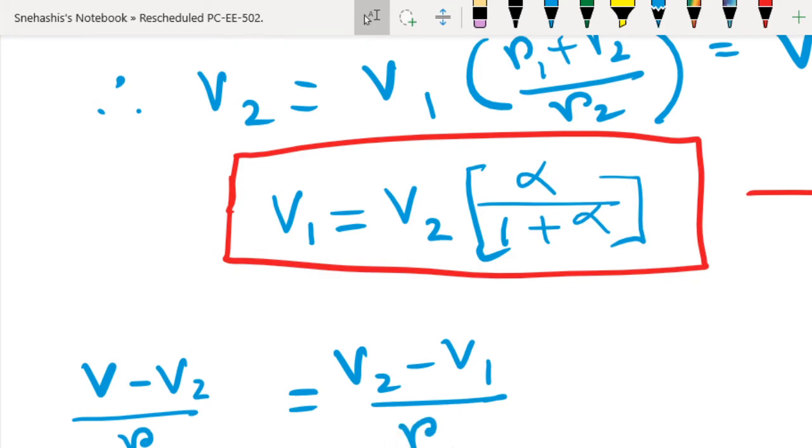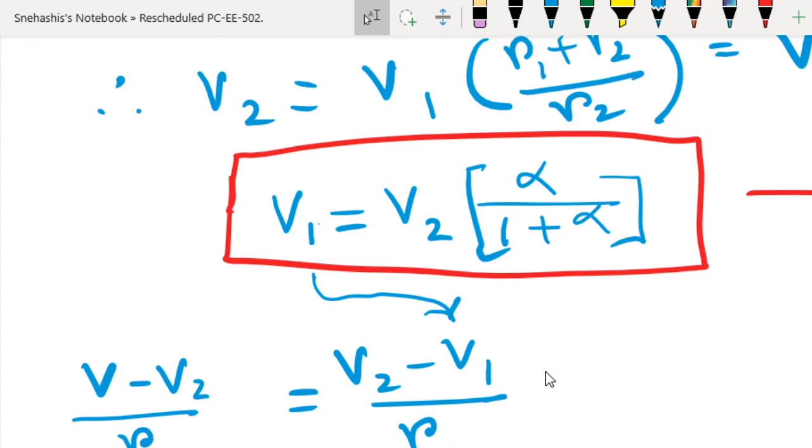We want the relation between V and V2. Already we have known V1 in terms of V2. So you apply this equation over here. I am not going to do that. You will practice it by yourself at home after watching this video. Give a pause to this video, try to derive it out. I will be writing the final result.